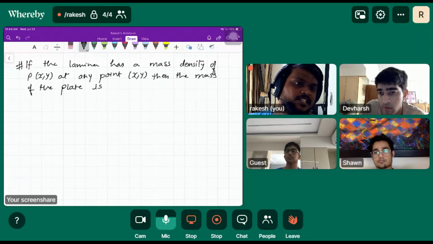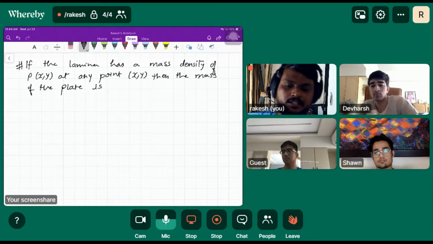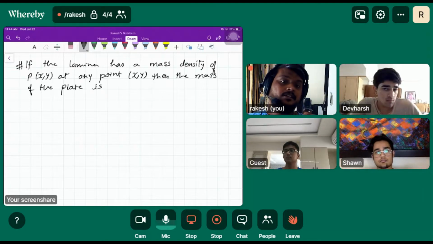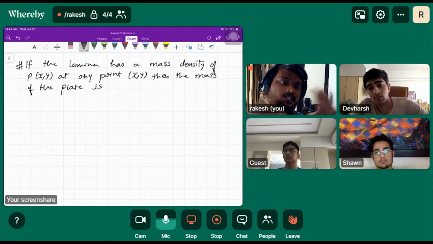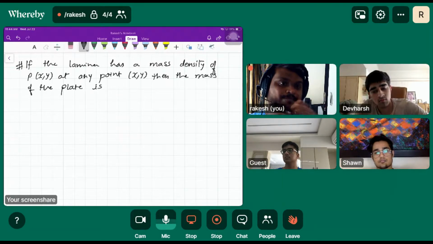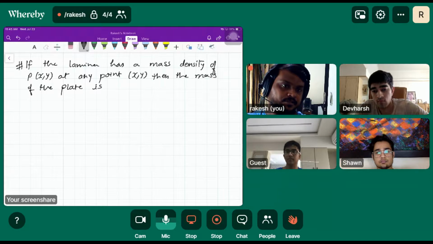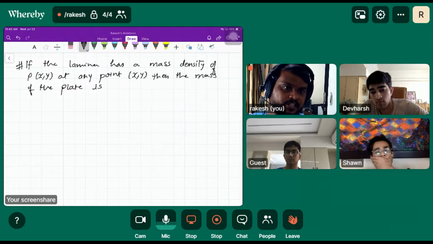Center of mass is the point where we assume all mass is concentrated at a single point, so it is based on the distribution of mass on the plate. If the mass is distributed unequally on the plate, it will deviate from the geometric center of any figure. Are you getting that?